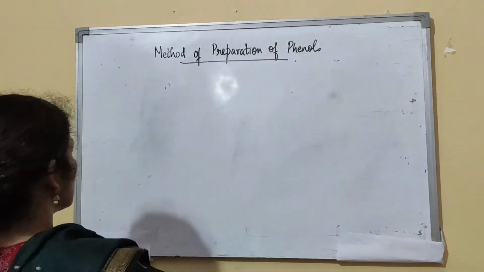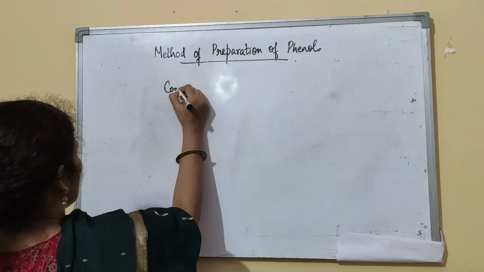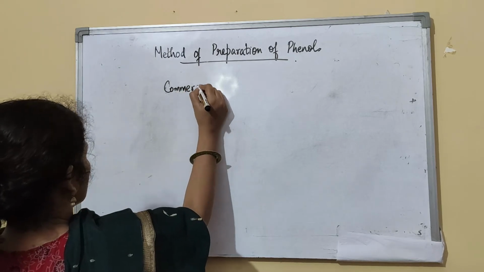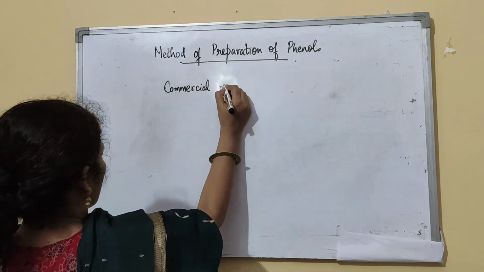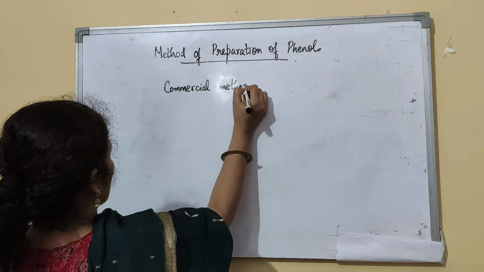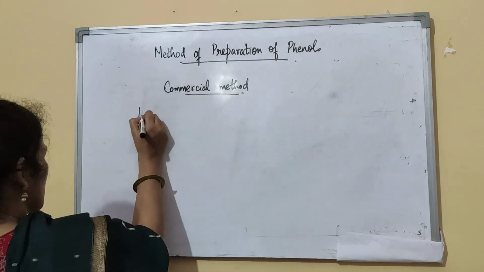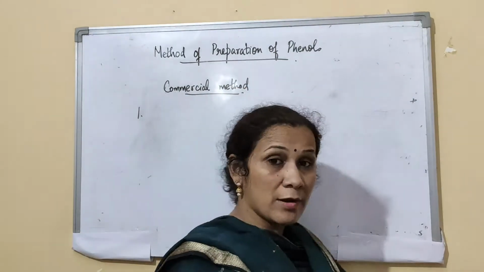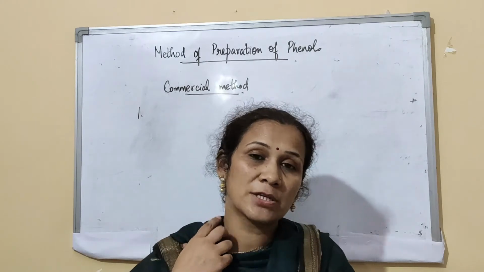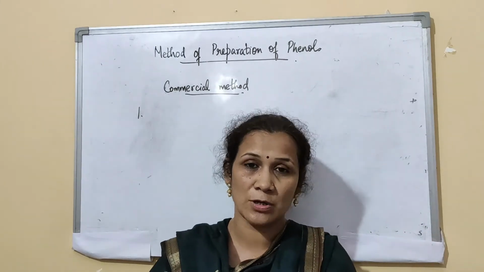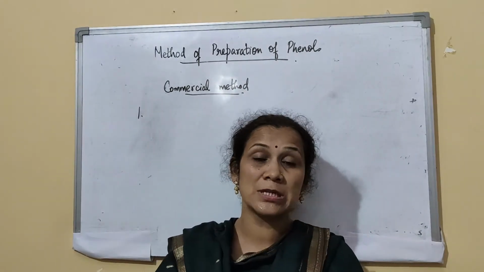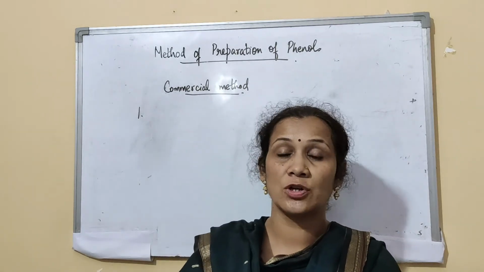So the commercial methods of preparing phenol. The first one we have already done, if you can recall. There was one reaction that was known as Dow's process, and that was used in nucleophilic substitution of haloarenes.